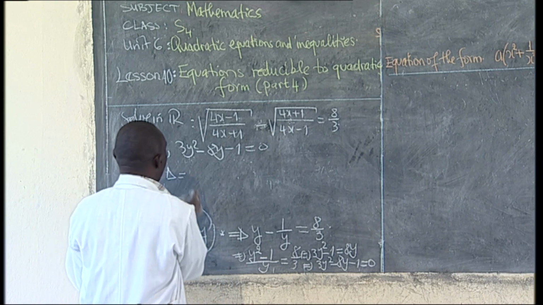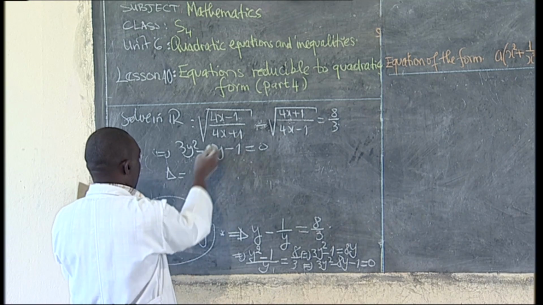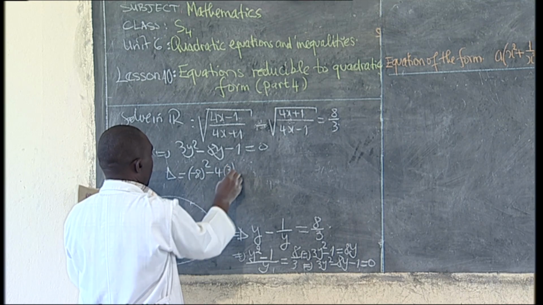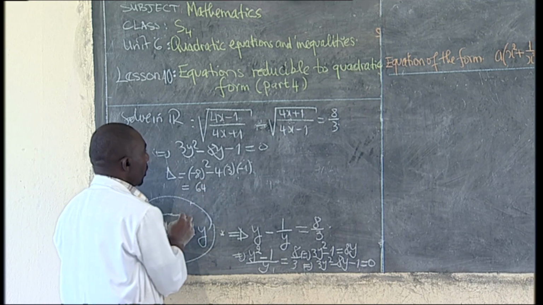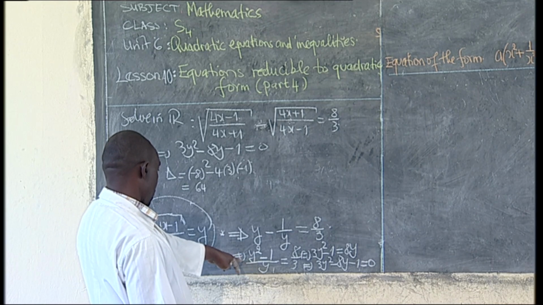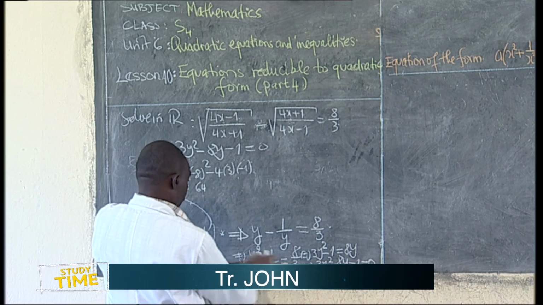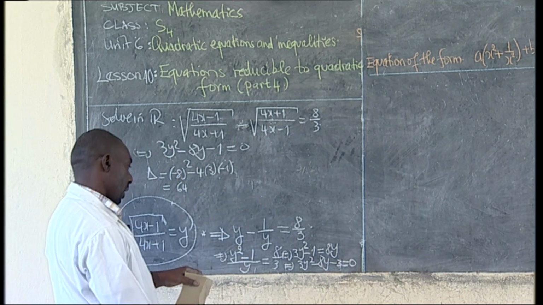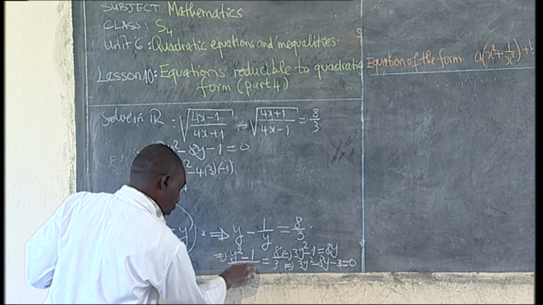The discriminant, I take minus 8 squared minus 4 times 3 times negative 1. This is 64. We made a mistake here. When doing cross multiplication, this should be negative 3. Negative 3, yes. 3y squared minus 3 is 8y.